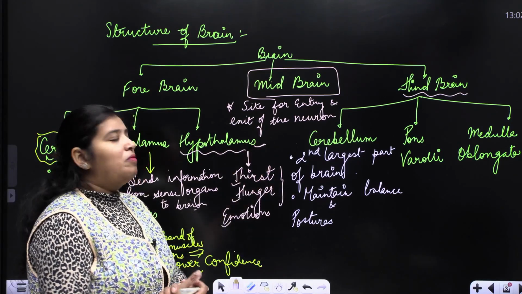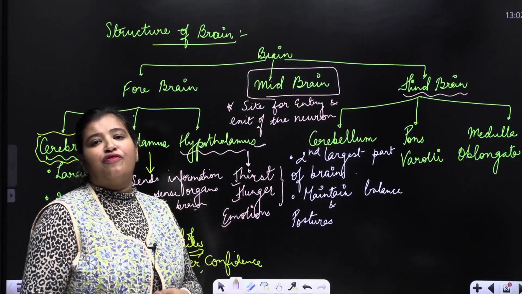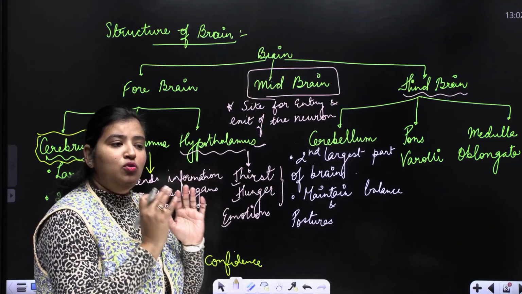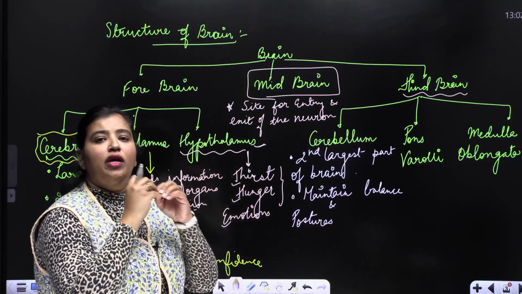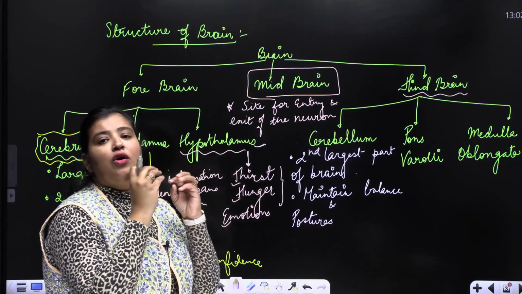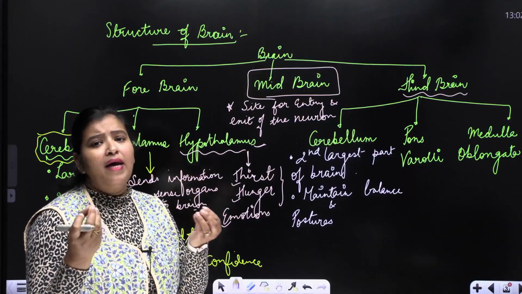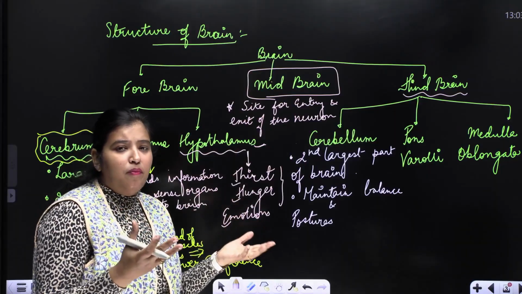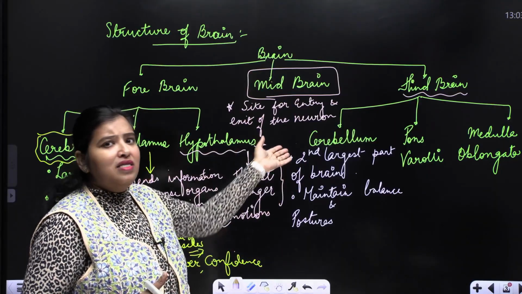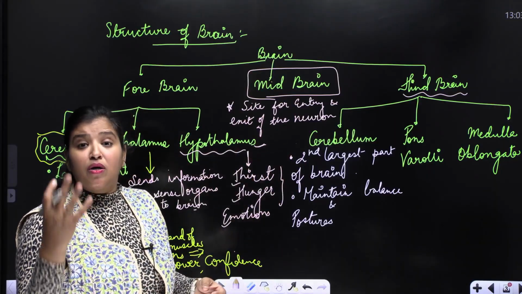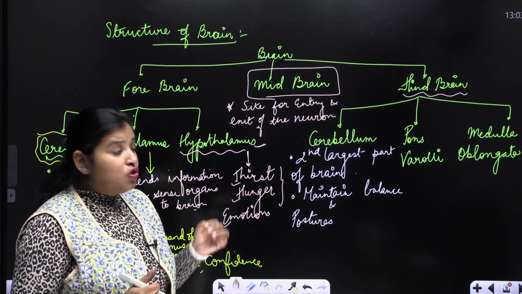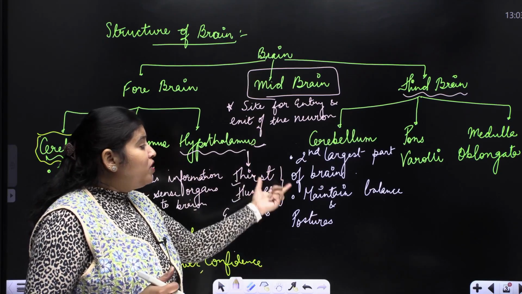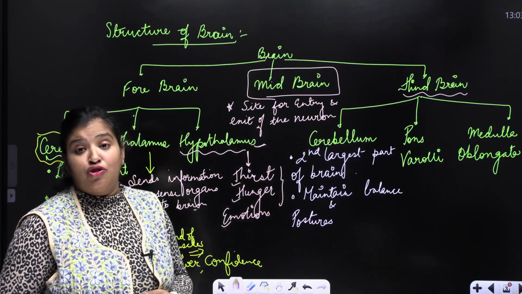And this cerebellum gets very easily affected by alcohol. So a person who's not able to walk in a straight line, a person who's not able to swim for some period of time, might have an affected cerebellum. If you're not able to walk properly in a straight line, you might have a temporarily affected cerebellum because of alcohol consumption. So alcohol is directly affecting this part of the brain, the cerebellum, which maintains the balance and the posture.